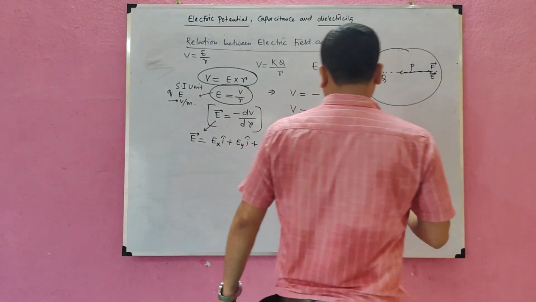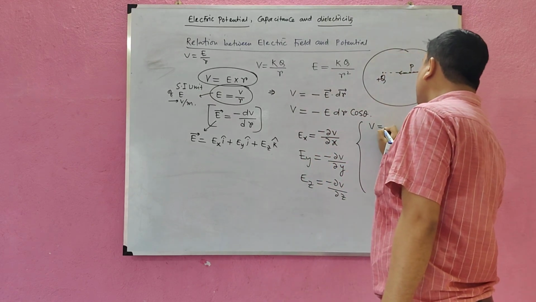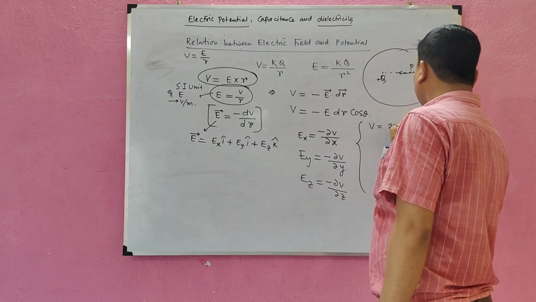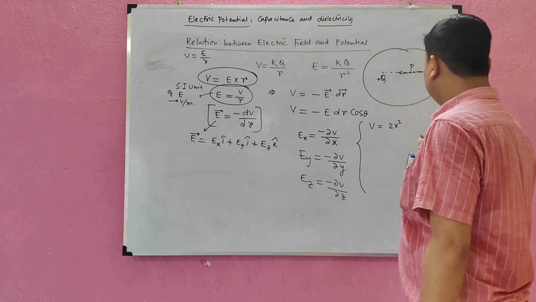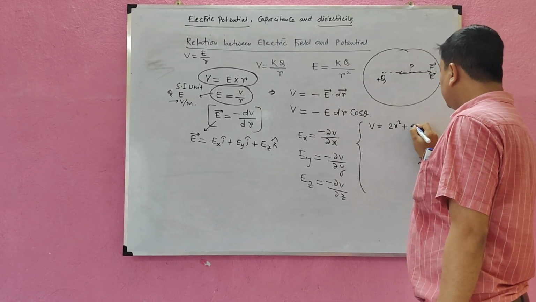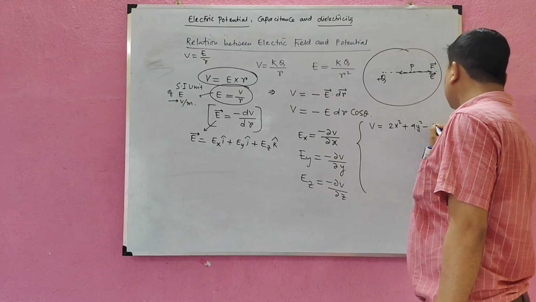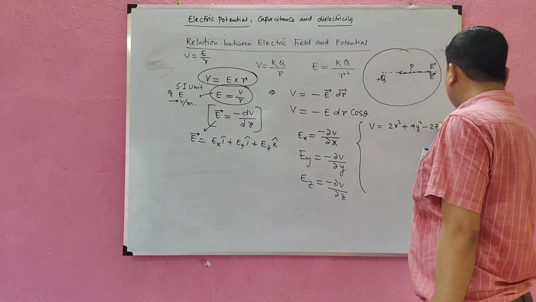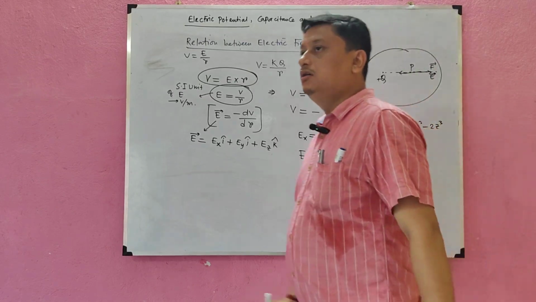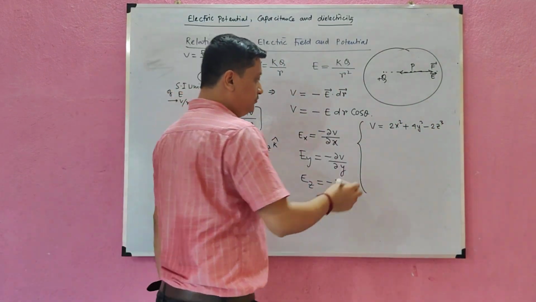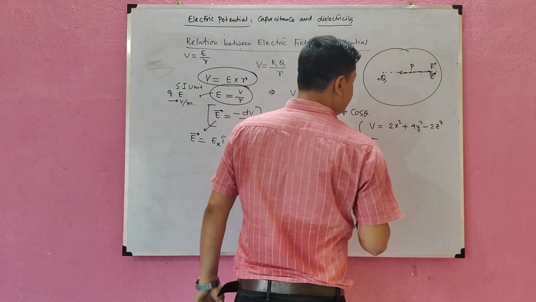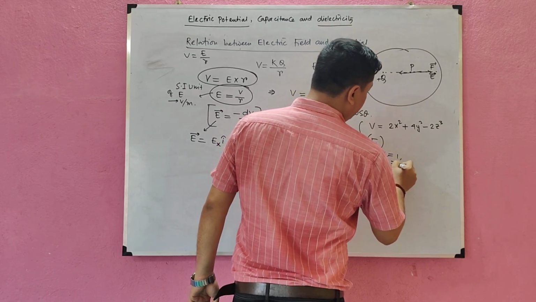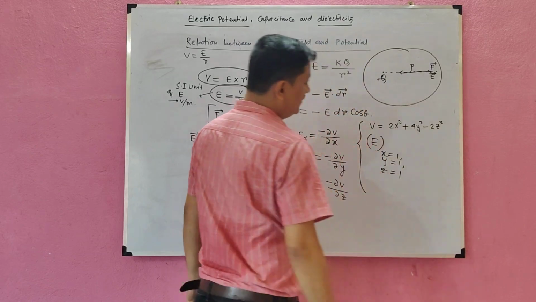Suppose in a question potential is given in terms of XYZ in such a way that V equals 2x square plus 4y square minus 2z cube, and we have to find the electric field for x equals 1, y equals 1.